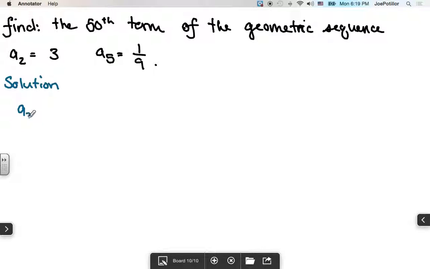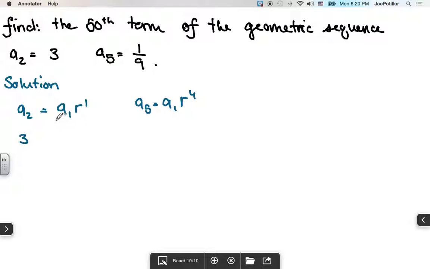A sub 2 is equal to a sub 1 times r to the first power, which a sub 2 is of course 3. You know a sub 5 is equal to a sub 1 times r to the fourth power, which is okay, right?